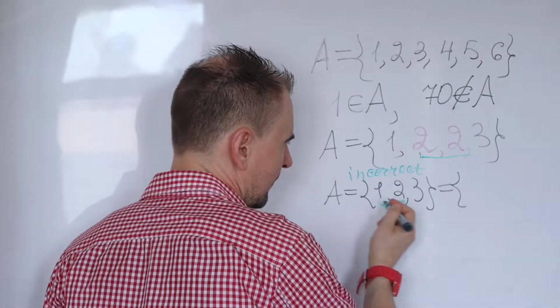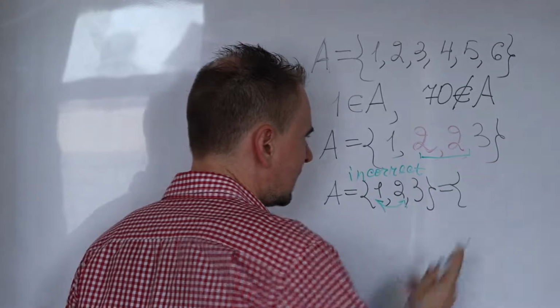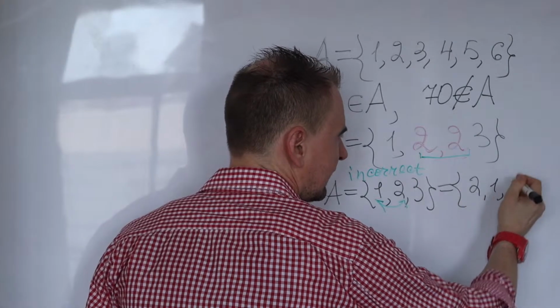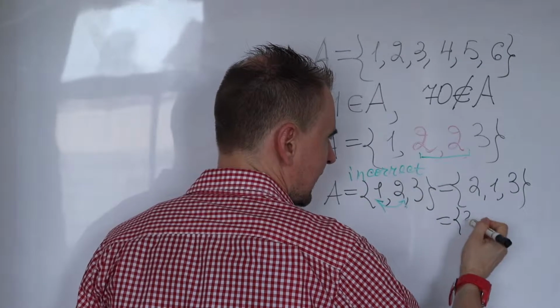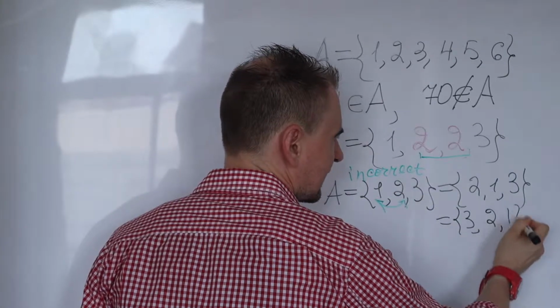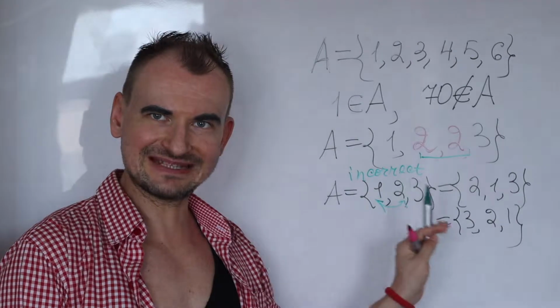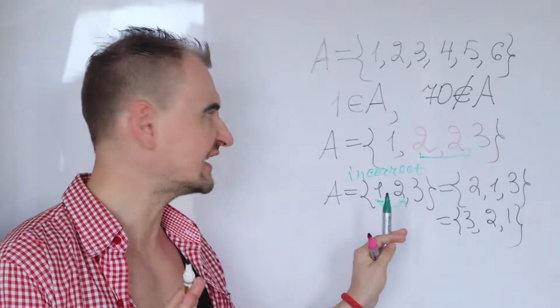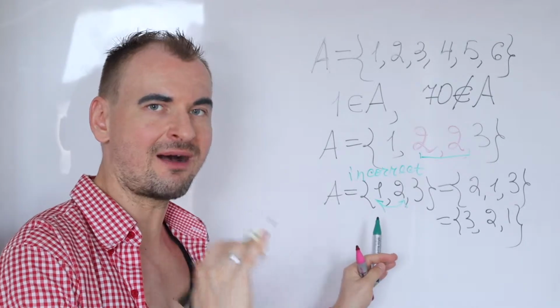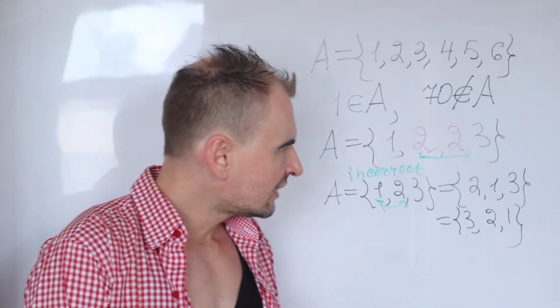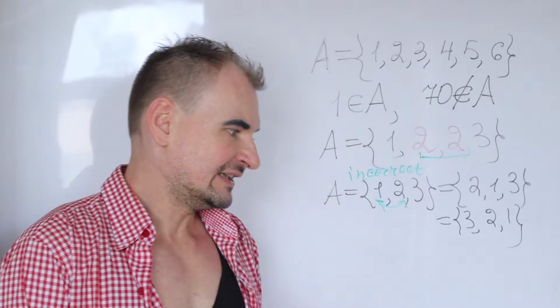Let's say you can swap 1 and 2, and you could write just 2, 1, 3, or even more. You could swap any other elements and write like this. It's precisely the same set, no matter the way your elements are written in your set.